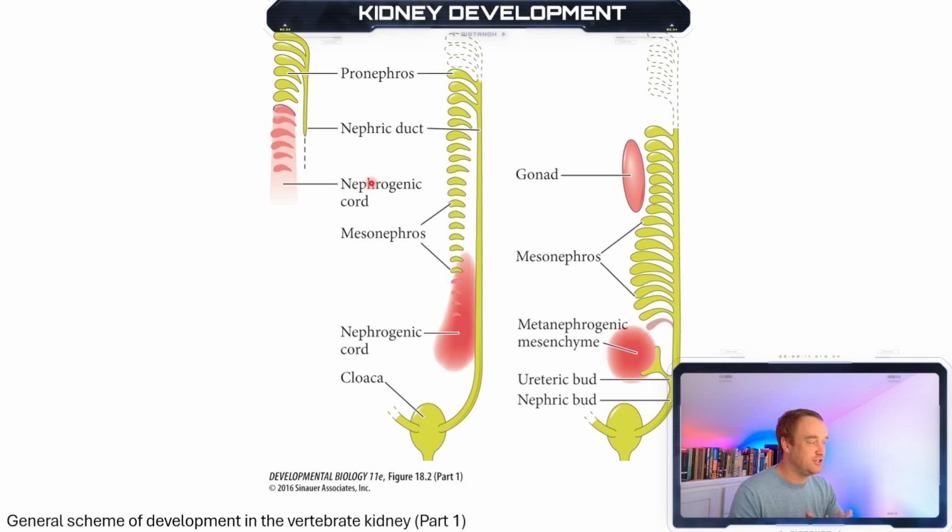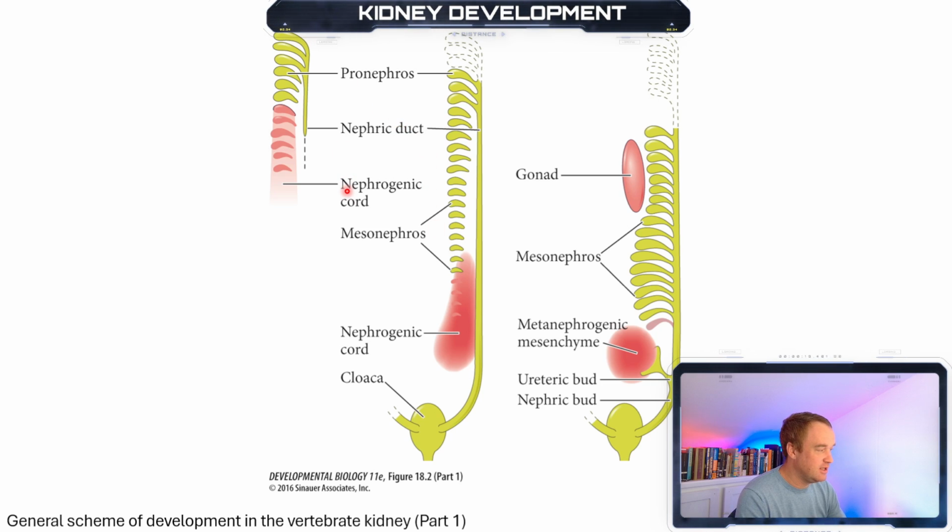And it extends longitudinally along both sides, up the backbone or up the notochord. And this begins to form during the third week of human embryonic development. So again, this extending or growing nephrogenic cord serves as precursor to some of this early kidney development.